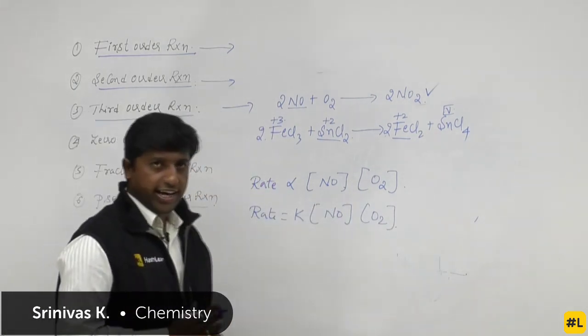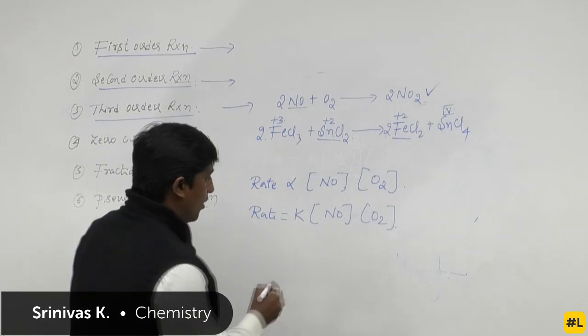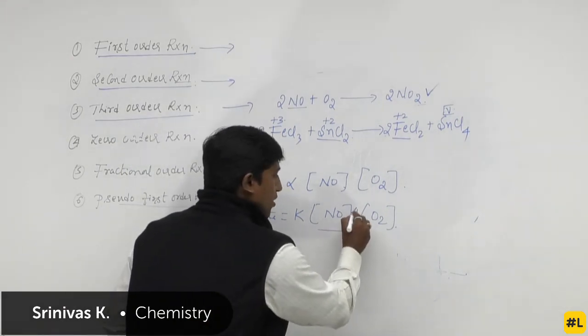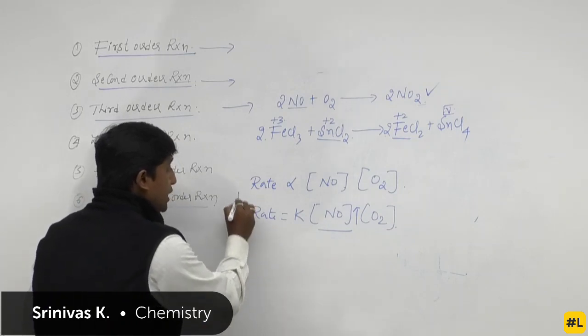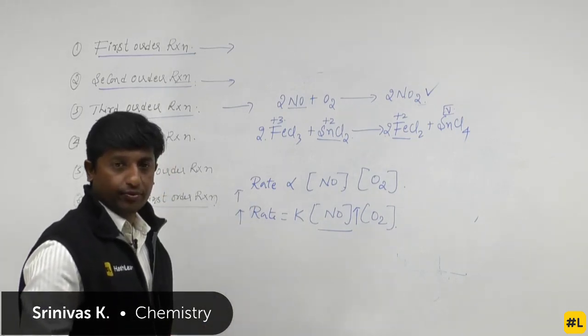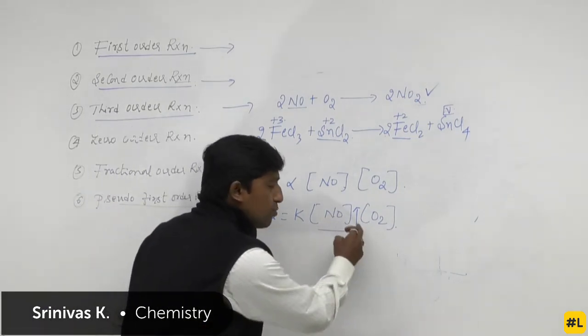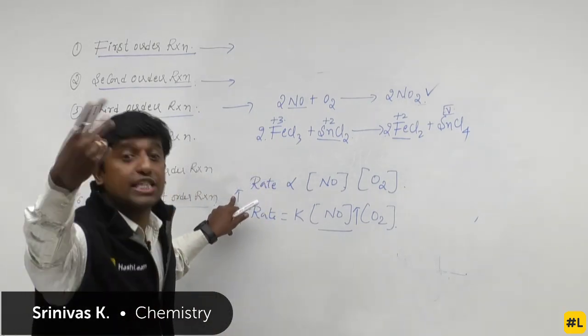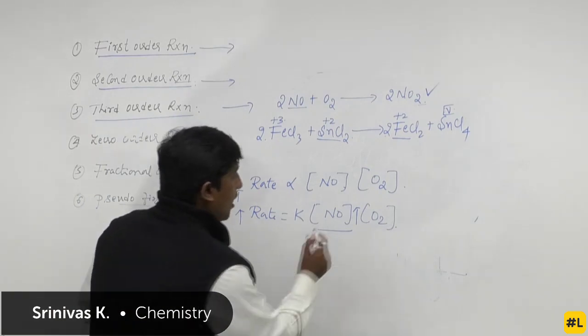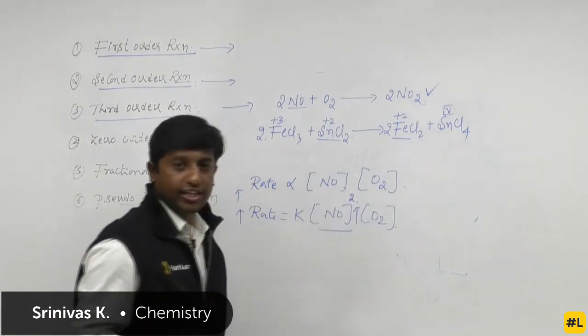Students, listen carefully again, very important. When the concentration of nitrogen monoxide is increased by 1 time, the rate doubles, the rate increases by 2 times. Hence, the order with respect to nitrogen monoxide is 2.